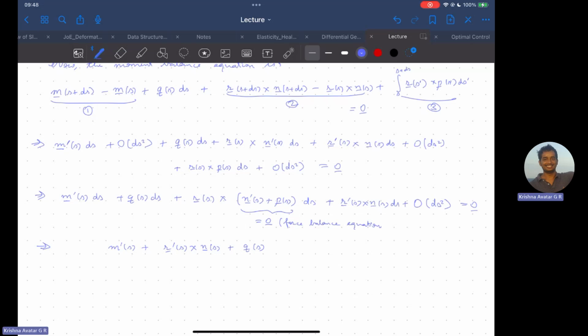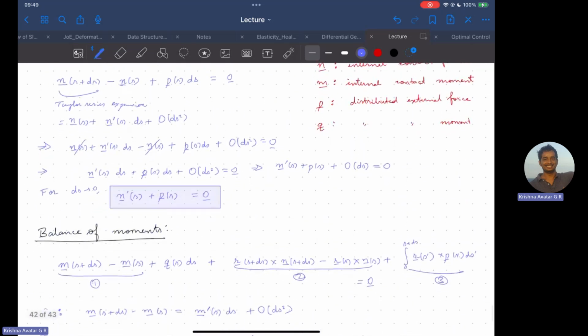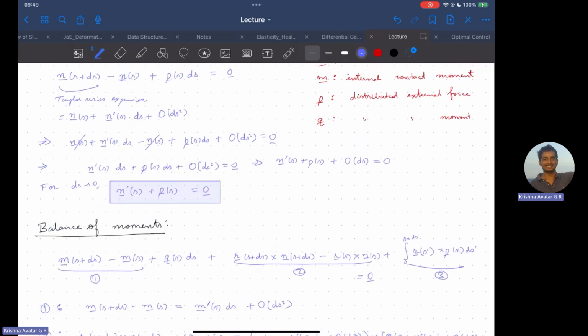And then overall we have plus order of ds equal to 0 vector. And as ds tends to 0, you have the vector of s plus. And this is our celebrated balance of moment equations. Okay, so we have obtained both the equations.